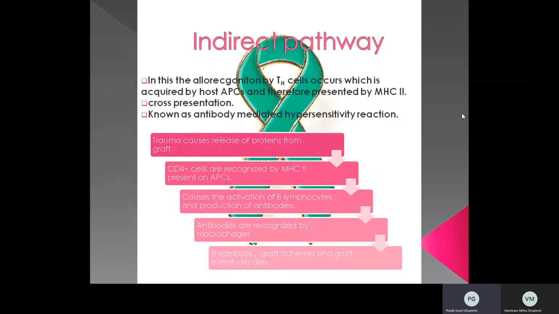These antibodies will be recognized by macrophages and cause endothelial injury, and in turn will cause graft ischemia because the artery which is supplying blood to the graft tissue is blocked. Therefore, there is no supply of nutrition and oxygen. This will cause an ischemic condition and is known as graft ischemia. This eventually will kill the graft cells and cause graft rejection.